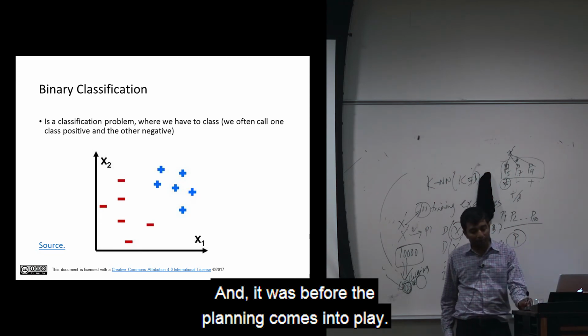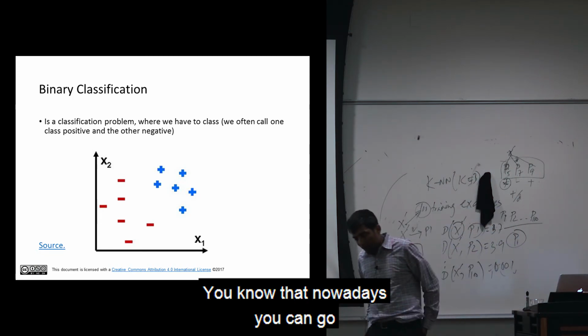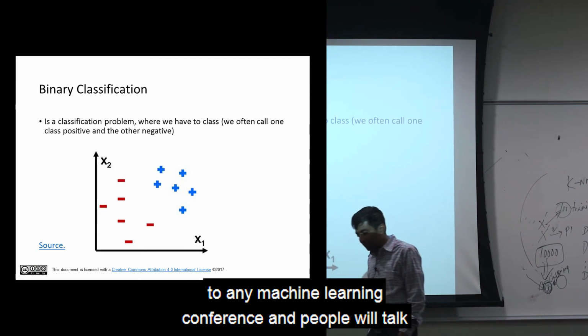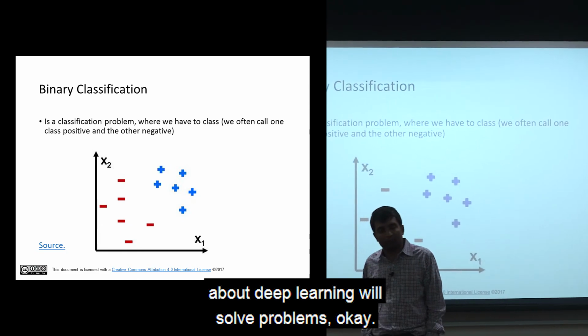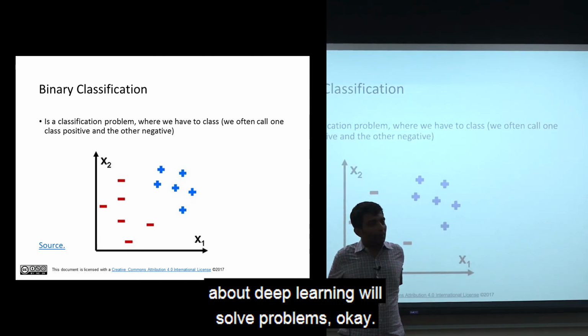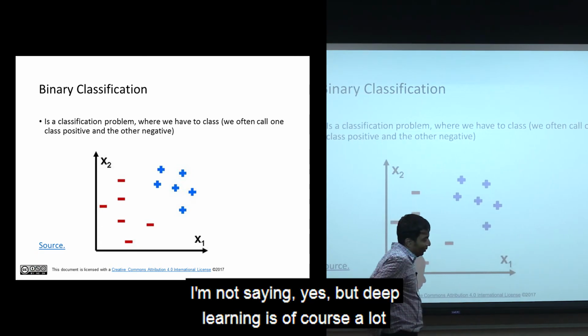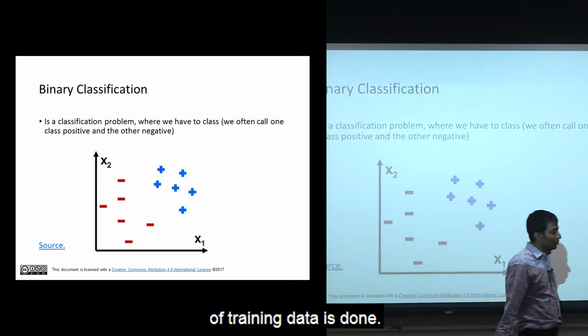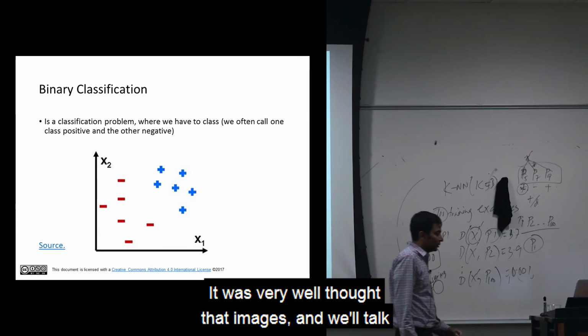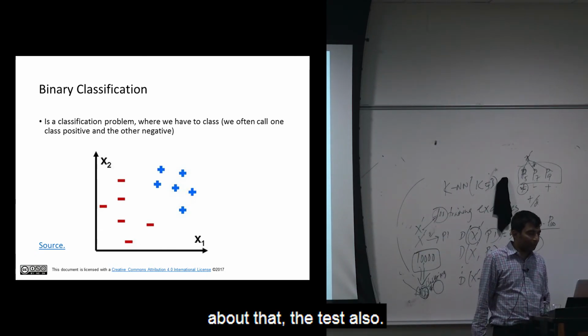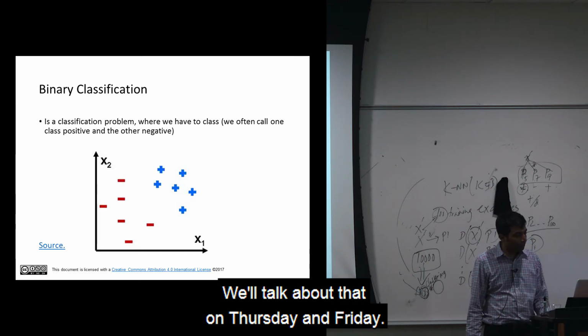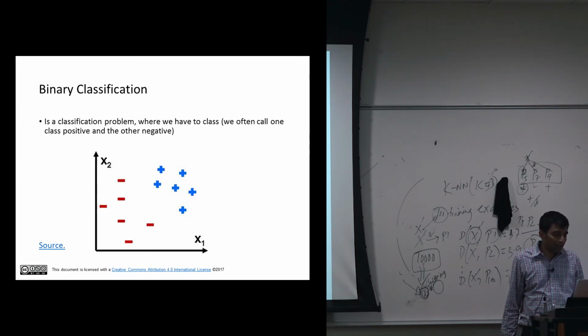It was before deep learning comes into play. You know that nowadays, if you go to any machine learning conference, people will talk about deep learning, and deep learning solves all problems, they claim. I'm not saying that, but deep learning requires a lot of training data and so on. It works very well for images, and we'll talk about that, or text also. We'll talk about that on Thursday and Friday.